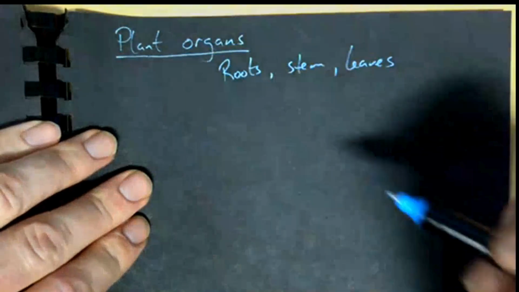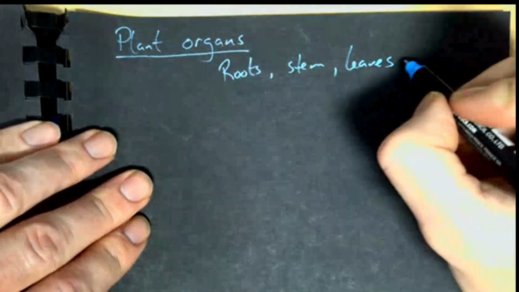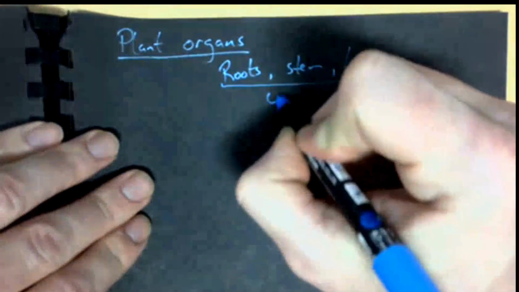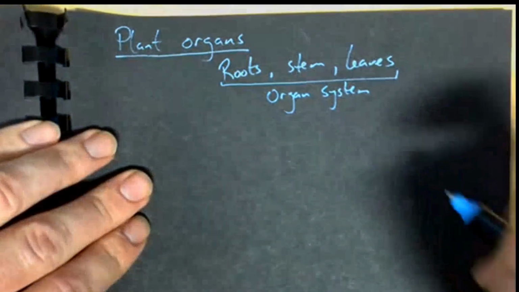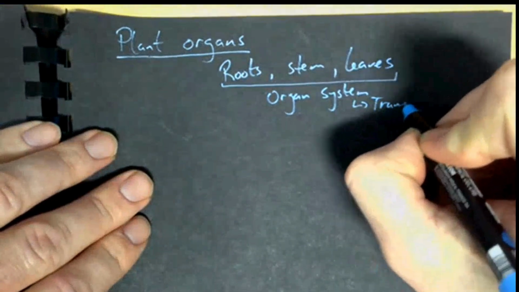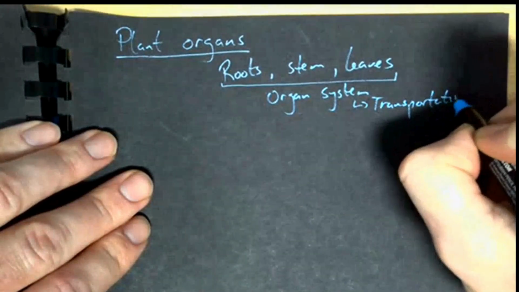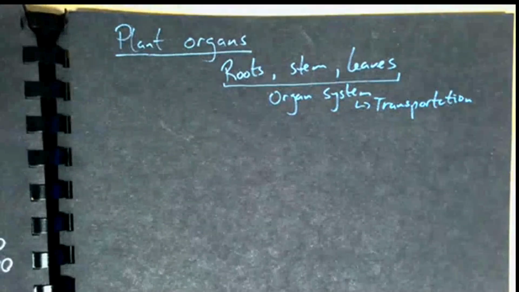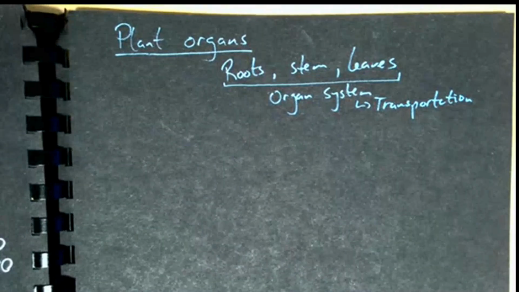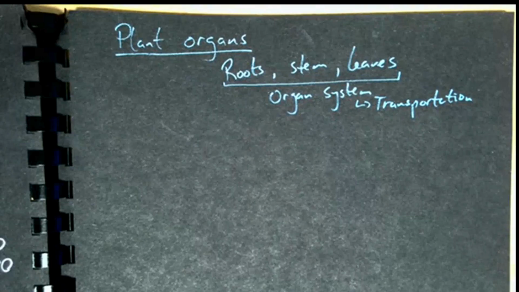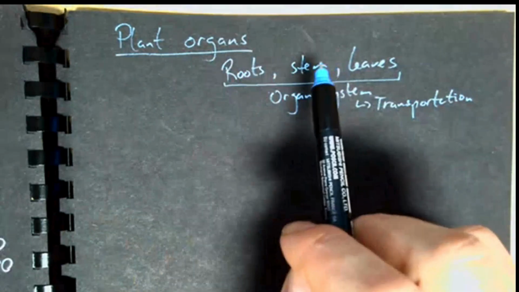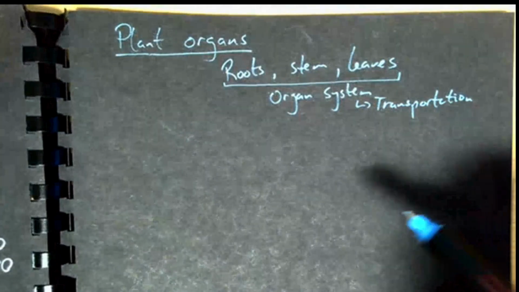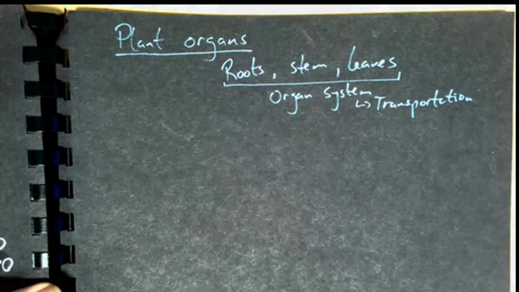And if we group these together, they become an organ system, the organ system for transportation. So if you think about your cardiovascular system, it is a group of different organs that come together to transport your blood around your body. In the same way, if I group together my roots and my stems and my leaves, then I get the organ system that is designed for transport.